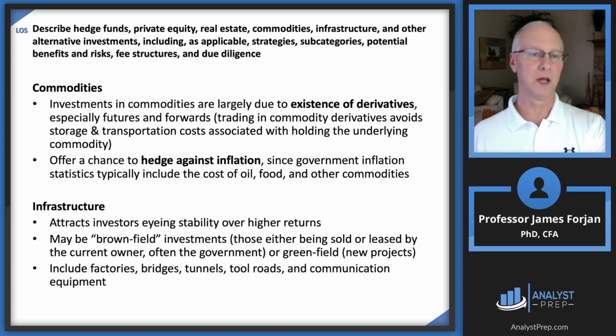Lots of people like this market because it's a hedge against inflation, although it doesn't work perfectly, but it's a hedge against some types of inflation, like energy costs and food costs. And then the last part is infrastructure, in which there are companies that participate in the construction of bridges and tunnels and communication equipment and factories and all sorts of stuff like that.